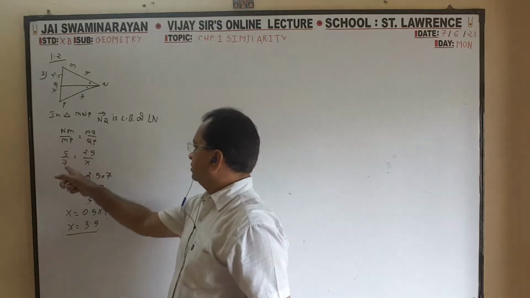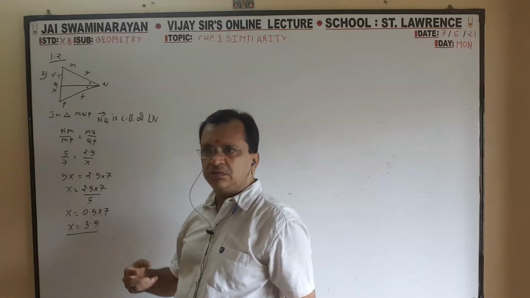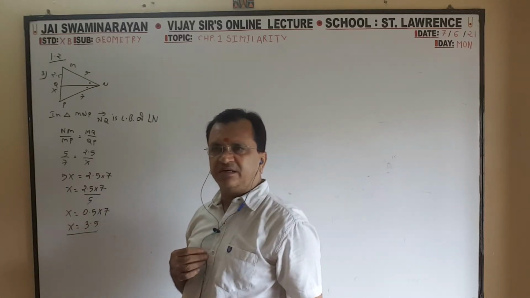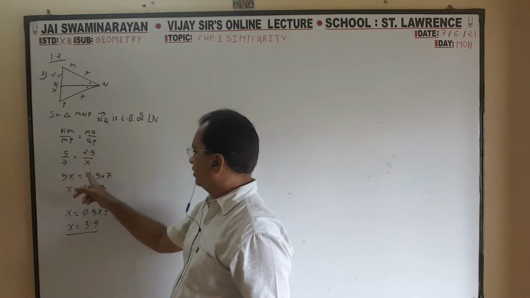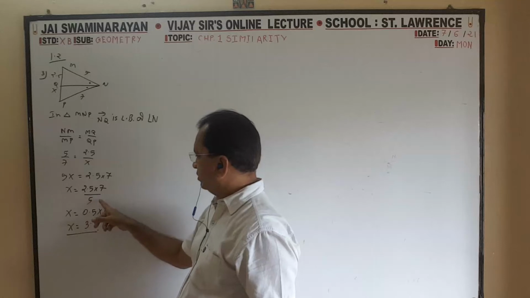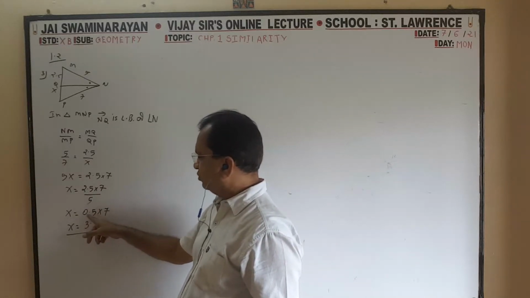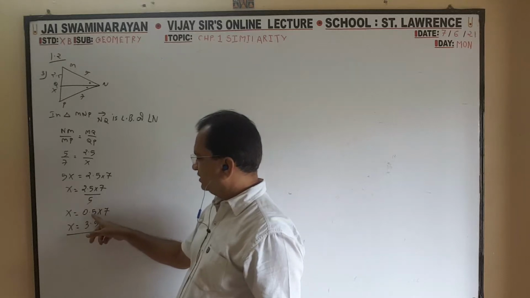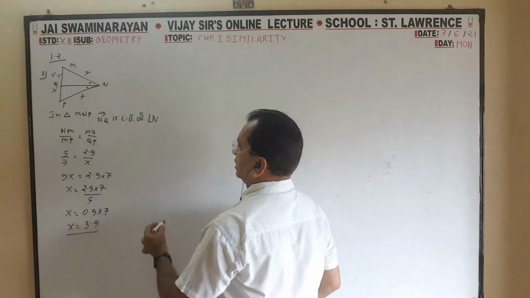So cross product, 2.5 into 7. 5 goes down. 5 5s are 25. Means 2.5 divided by 5 is 0.5. 5 sevens are 35, from back side 1. Correct?